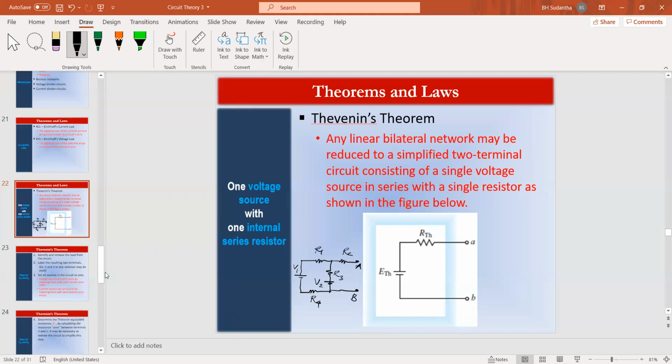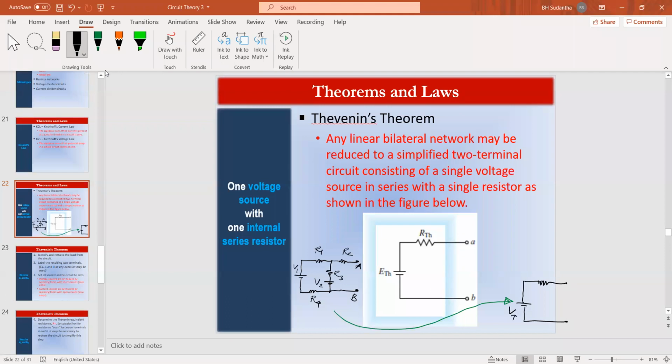This circuit has these two nodes, and we will discuss how to take this type of open ends. When you have this type of circuit, we can simplify it into this type of simple circuit containing only one voltage source.